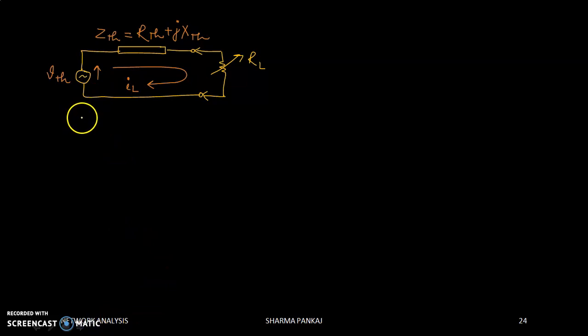But as I have told you, before going into the details of the maximum power transfer theorem, we are applying Thevenin's theorem across the load terminal. This is your load terminal, this is point A and this is point B. Let us assume that we have applied Thevenin's theorem across the load terminals of the previous circuit, whatever was given to us, and now we have the Thevenin voltage and the Thevenin impedance.